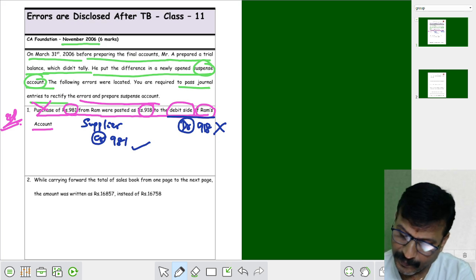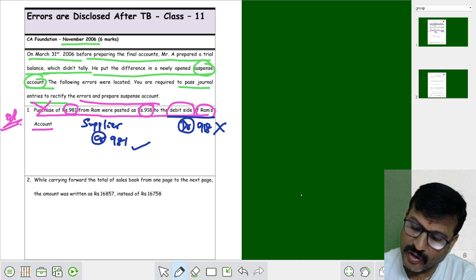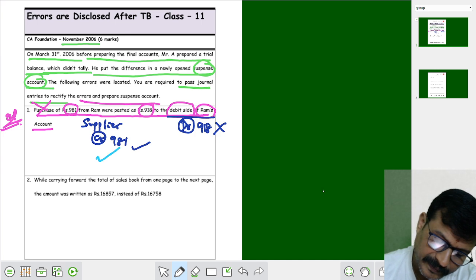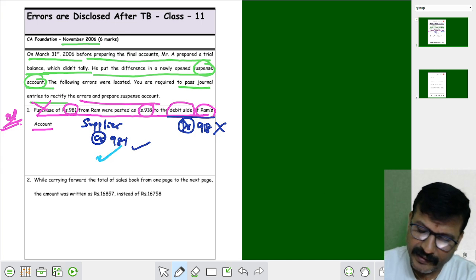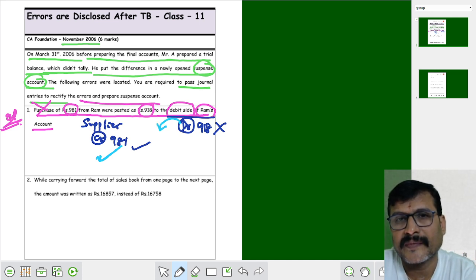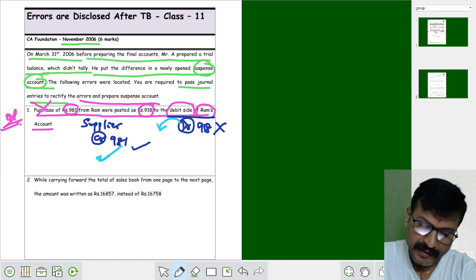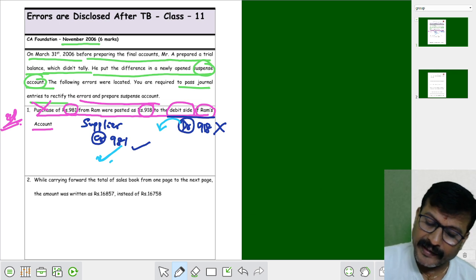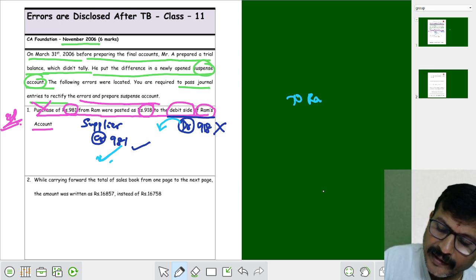Now what to do? As per our rectification concept, keep the correct in the same place, means credit. Shift the wrong to the opposite place, that is the debit place. Then what is the entry? We have to take Ram on the credit side. How many times is Ram to be credited?